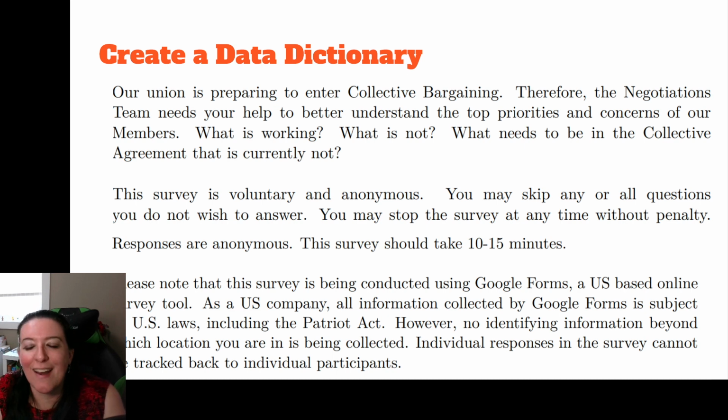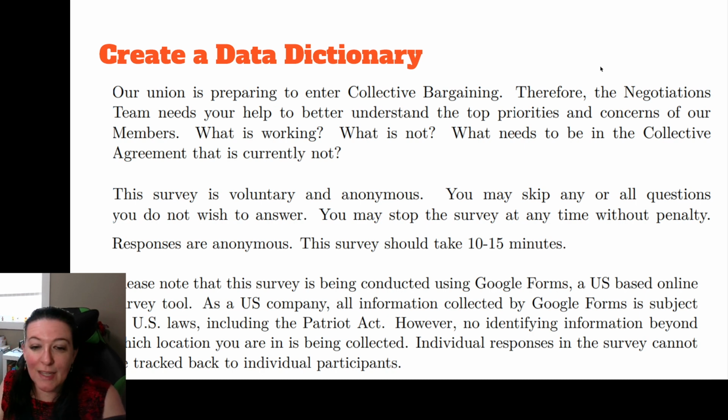So if we're in Canada, we're using a US-based survey tool. We want to flag the fact that US laws apply, including the Patriot Act, which means that the information they provide can be available to the US government. But here it's anonymous, no identifying information is provided.